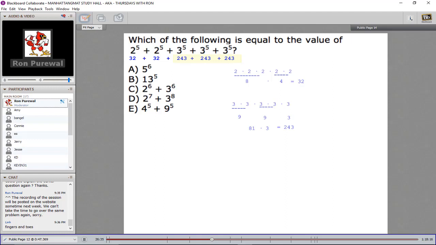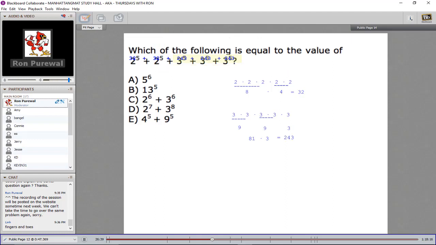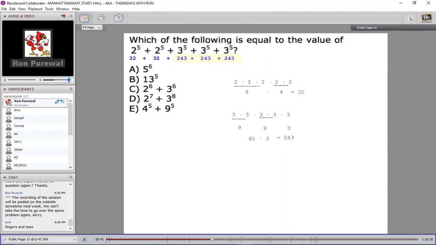So that's about, what? 3 times 240 is 720. That's 729. And this is 64. So that is 793. So it's about 800, right? 800-ish.